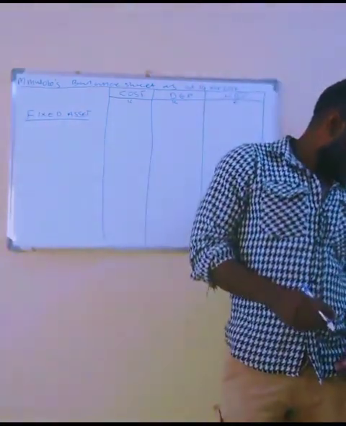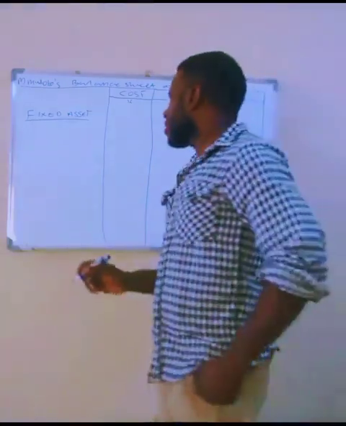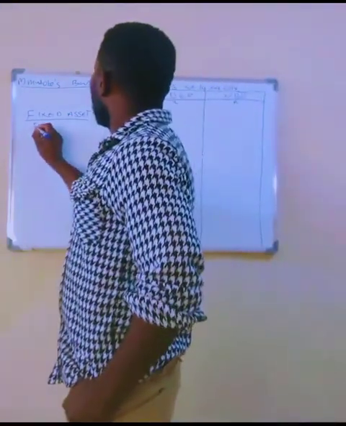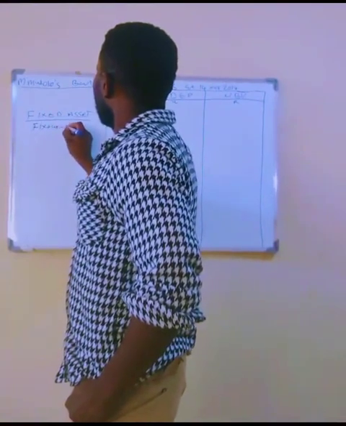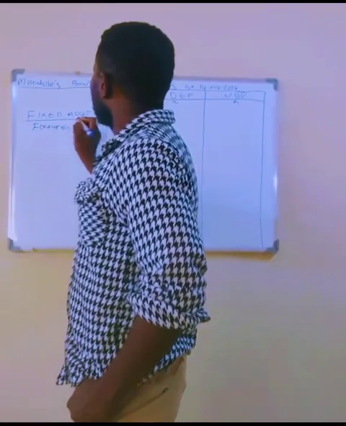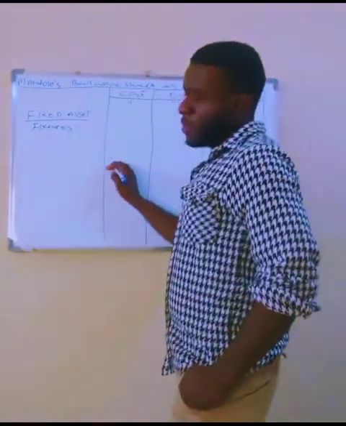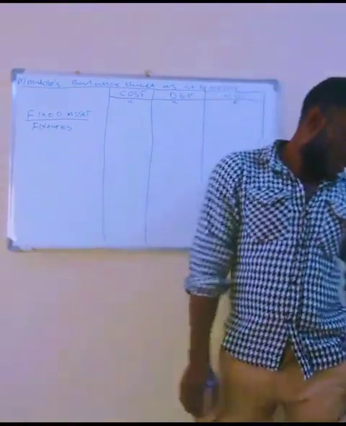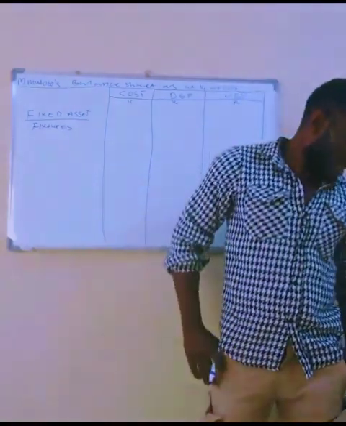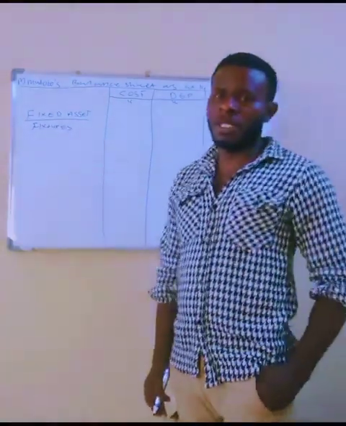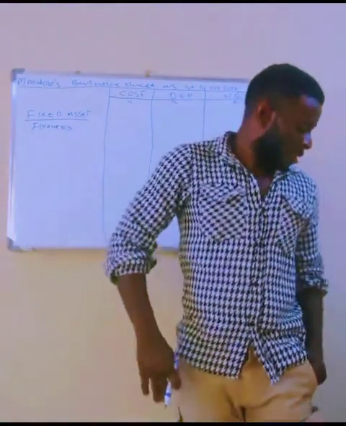Under fixed assets, we have fixtures. Spelling correct. Bear with me, my handwriting is very bad. So try to wear glasses if you have problems with your eyes, otherwise you won't be seeing anything. You'll be seeing Chinese here.